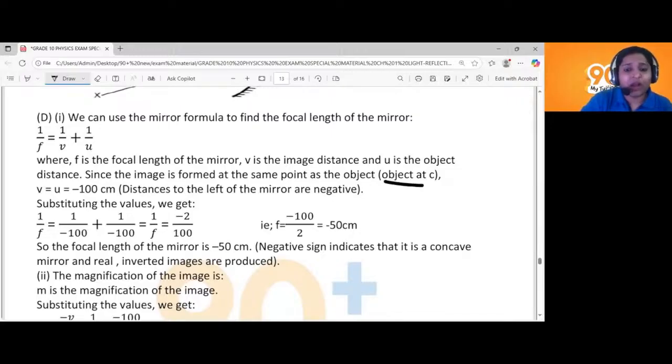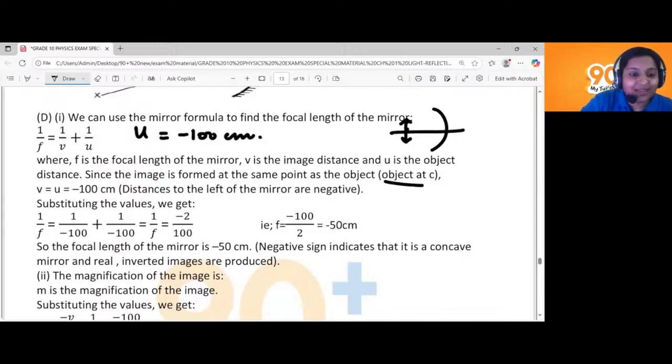How to find the focal length? That is the question. And we know the mirror formula 1 by f equal to 1 by v plus 1 by u. u was given in the question, minus 100 centimeter. As the object is placed at C, the image is also formed at C only. u is equal to v in this case. If u is minus 100, v will also be minus 100.